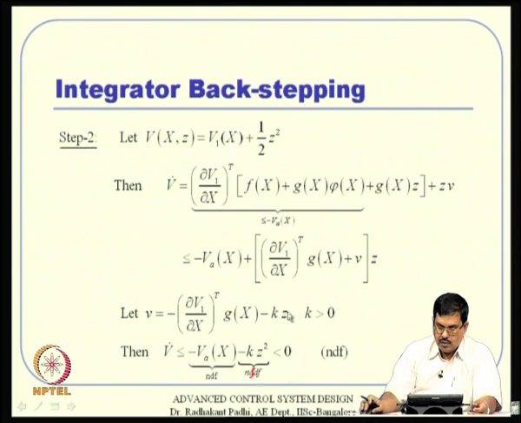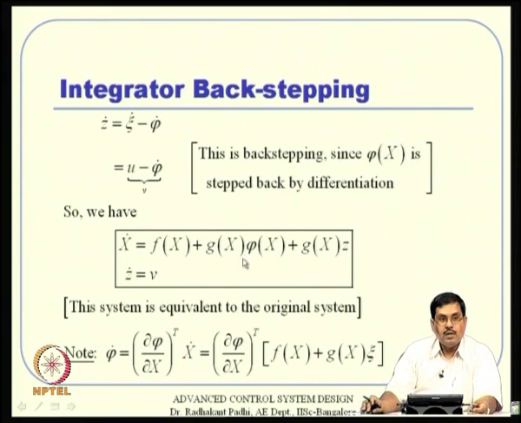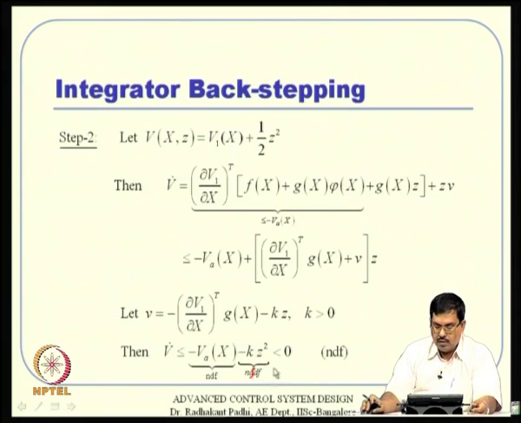So when you see this entire function, the first part assures that it is negative definite for the first part of the system dynamics, and the second part assures that it is negative semi definite for the second part. Combined together, they give a negative definite function for the bigger, total system. That is the way it will have negative definiteness.